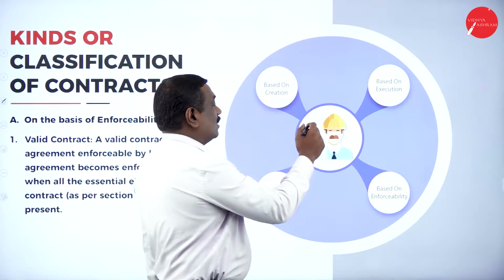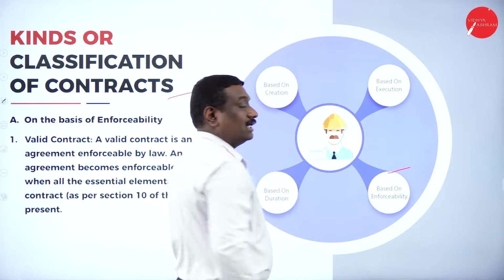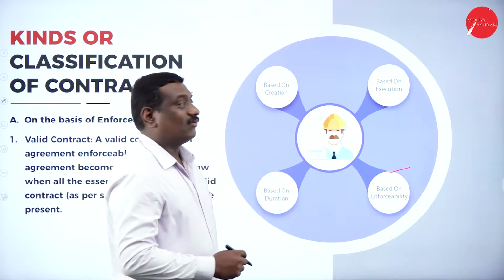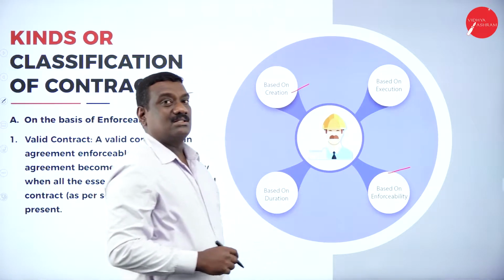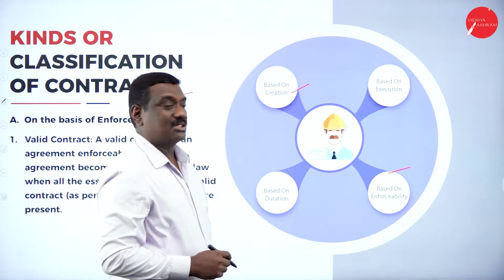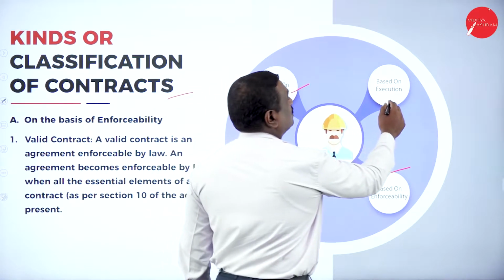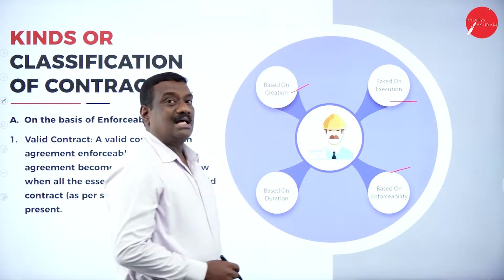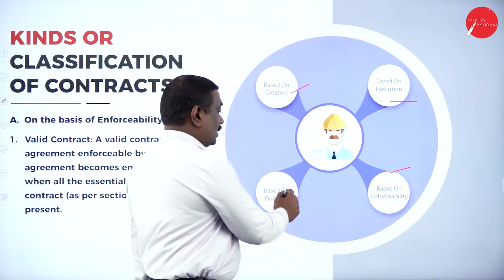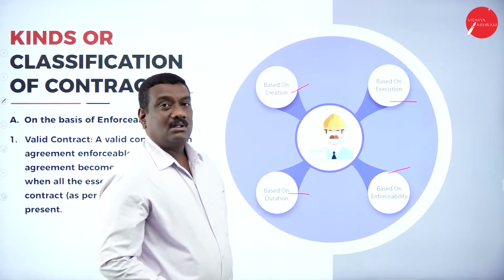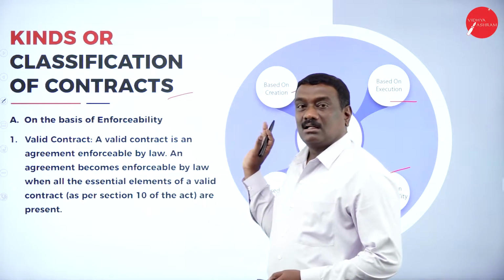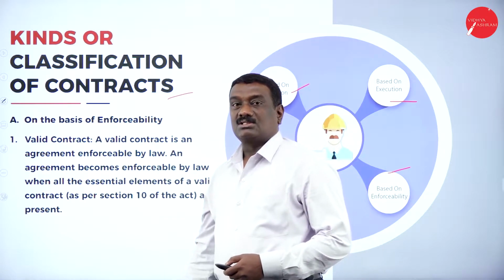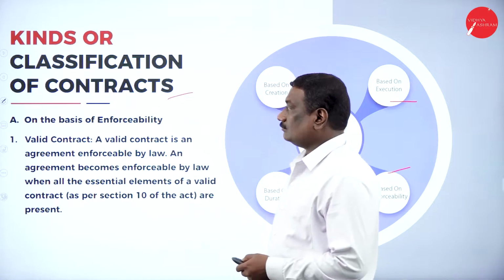First is on the basis of enforceability. Second is on the basis of creation, that is formation or creation. Then on the basis of execution as well as on the basis of duration. So here we are going to understand all the terms coming under these 4 classifications of contracts.